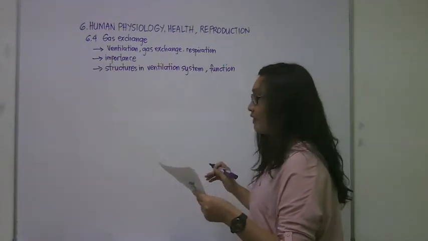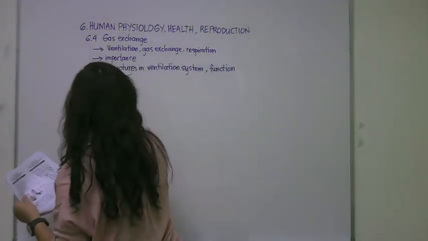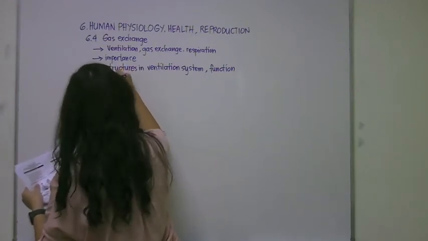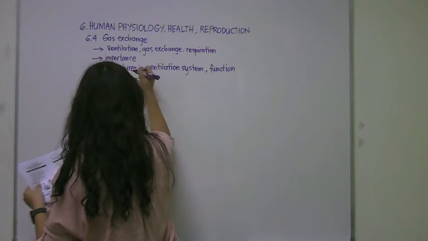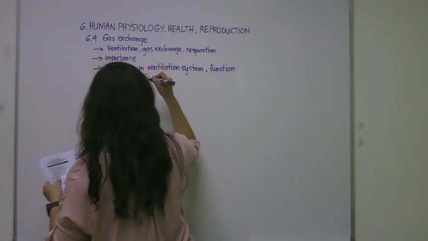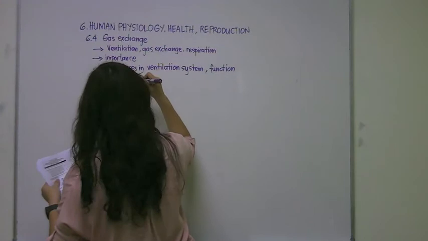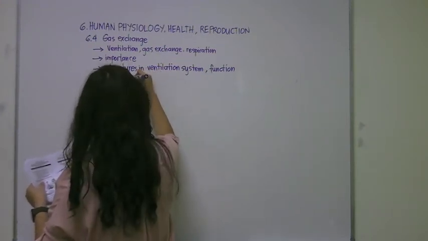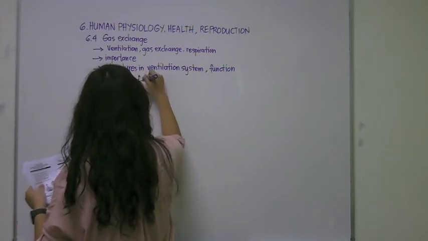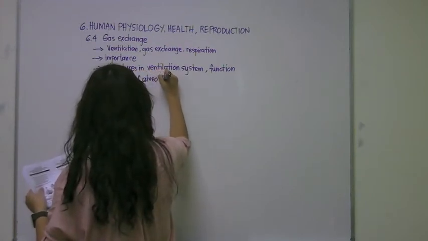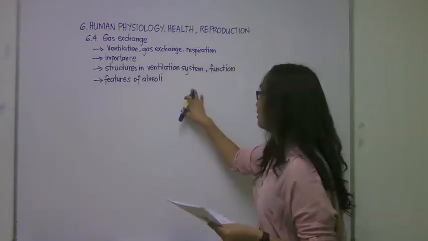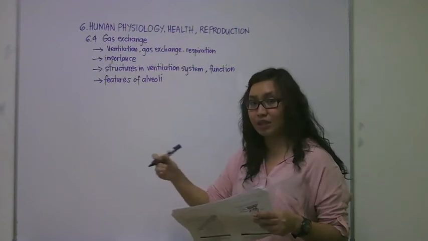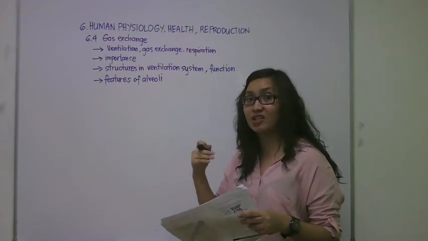So the next important part is the features of alveoli. The alveoli are the most terminal part of the ventilation system, where gases are supposed to be exchanged. So we have to discuss that the structure of the alveoli is adapted to its function, which is gas exchange.